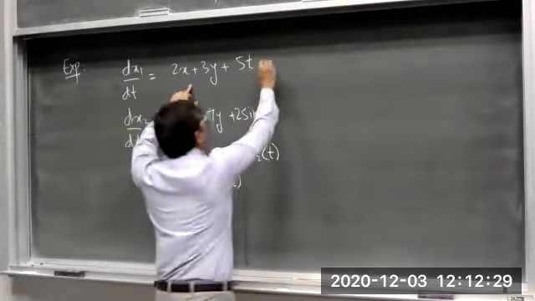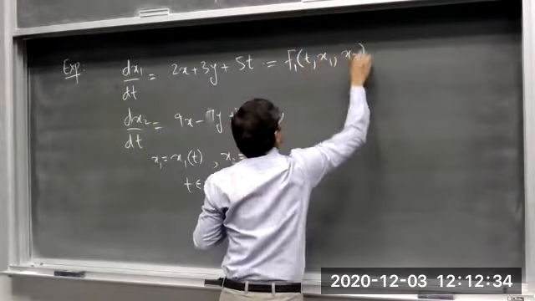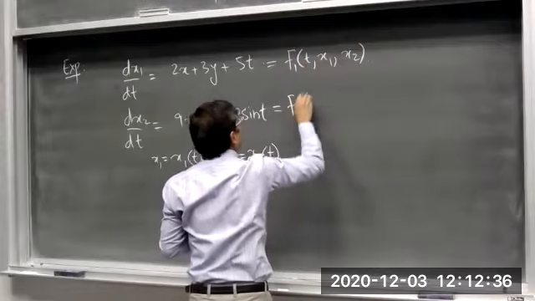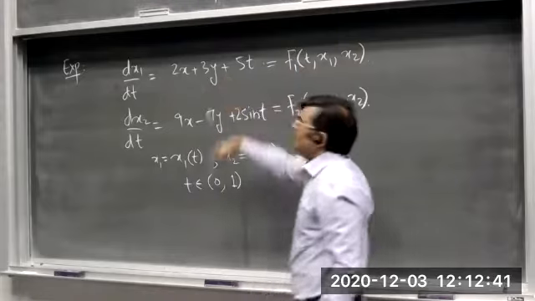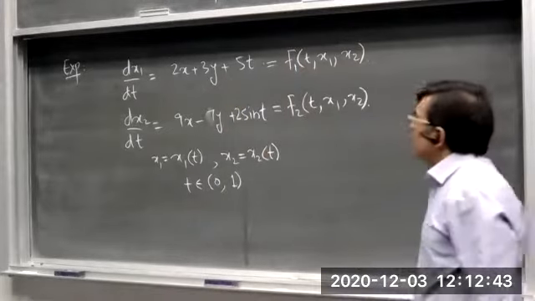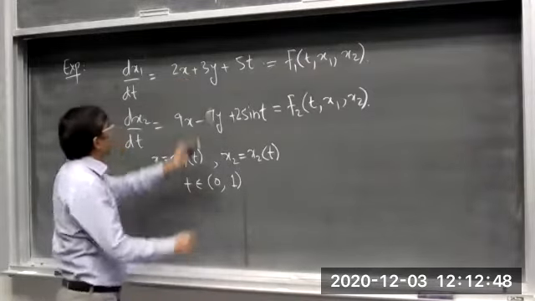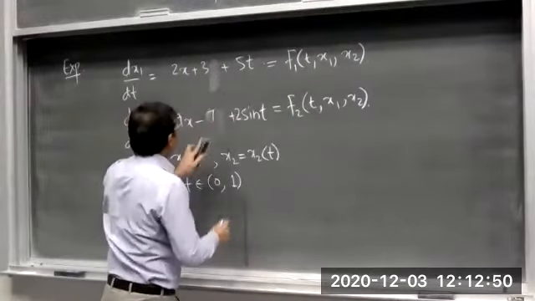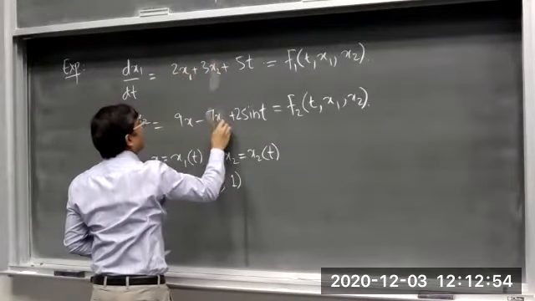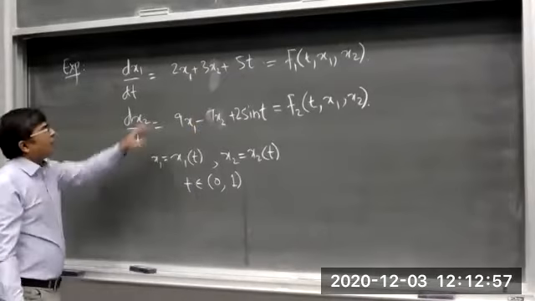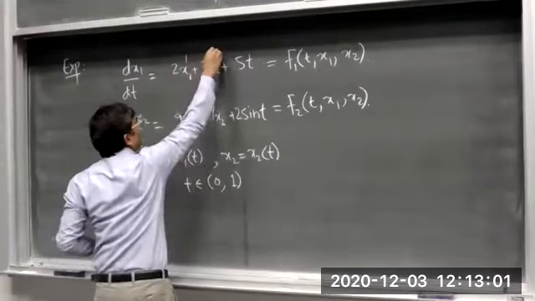Now you can see that this is a function f1 of t, x1, x2, and this is a function f2 of t, x1 and x2. But you notice here that the variables, dependent variables, sorry, I have to write here x1 and x2. So this is x1, this is 3x2 and 7x2. Here we have 9x1. So now you can see that x1 and x2 are linear. They have only power 1.